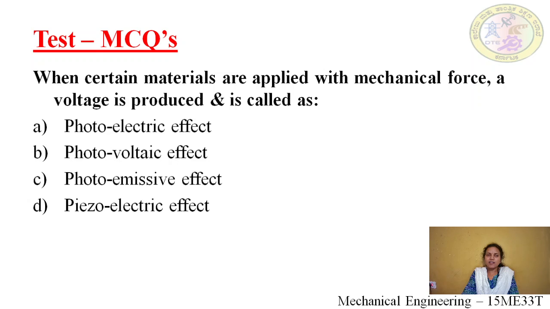Can you guess the answer? Once again I will read the question. When certain materials are applied with mechanical force, a voltage is produced. What do we call that effect? Is it photoelectric, photovoltaic, photoemissive, or piezoelectric?